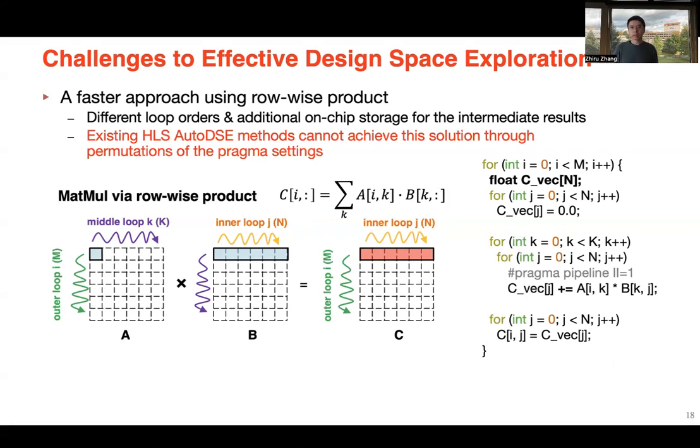Unfortunately, this is not something that existing HLS-based automatic DSE methods can achieve, because, like I said, all of these methods focus on just changing the settings, the factors, the degrees of the unrolling pragmas or pipelining pragmas. It's very difficult for these kinds of approaches to do these sorts of high-level source code changes, source level transformations.